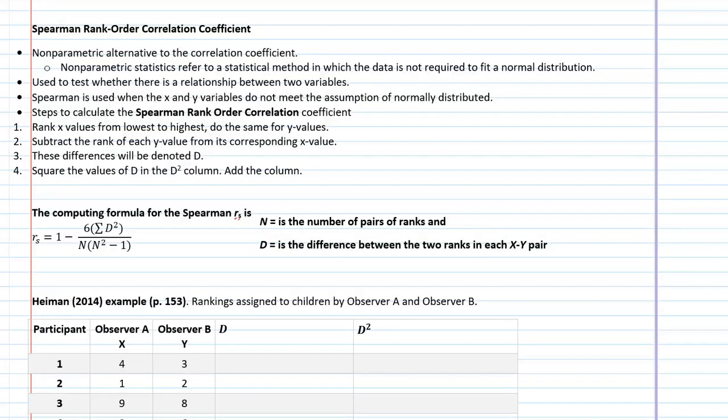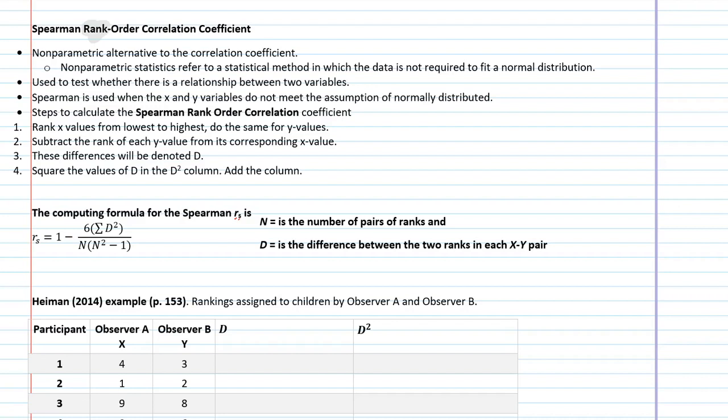Okay, so let's talk about the Spearman rank order correlation coefficient. That's hard to say. When we were doing the previous type of correlation, in case you didn't notice, we were using continuous data. For the Spearman, rank is in the name, correct? The data has to be ordered. They have to be ranked. We're dealing with ordinal data.